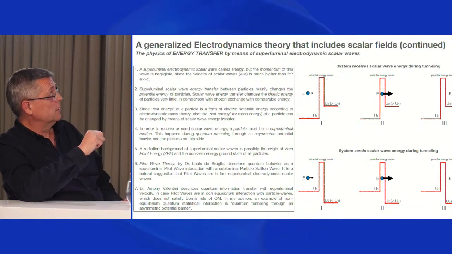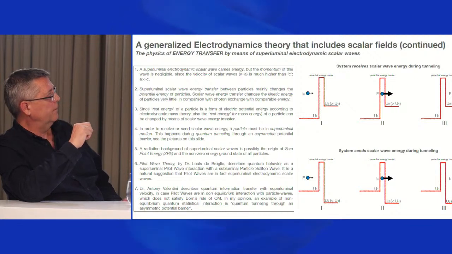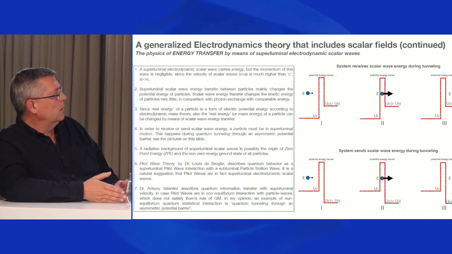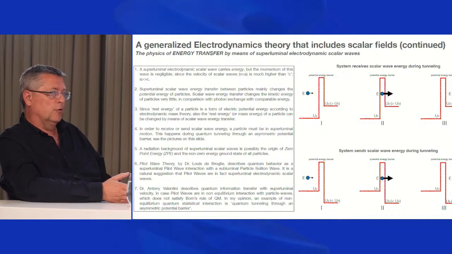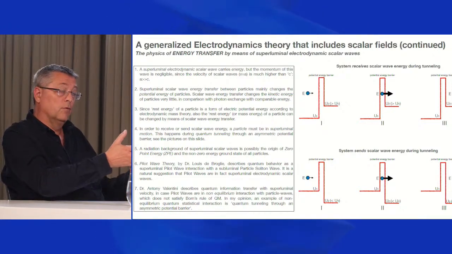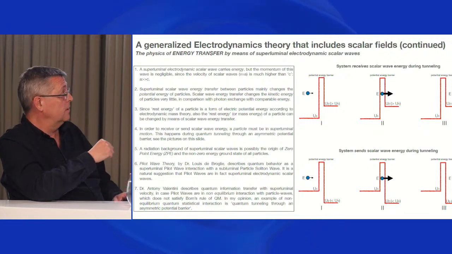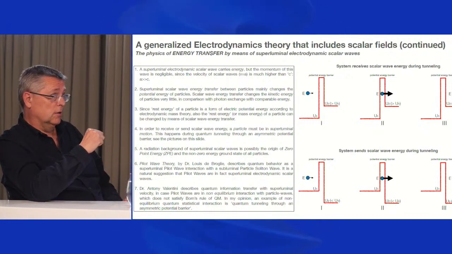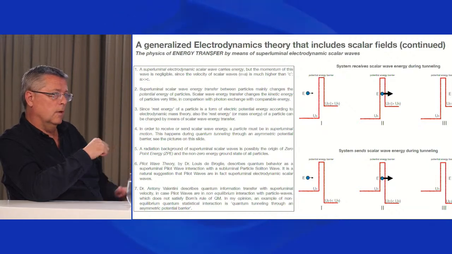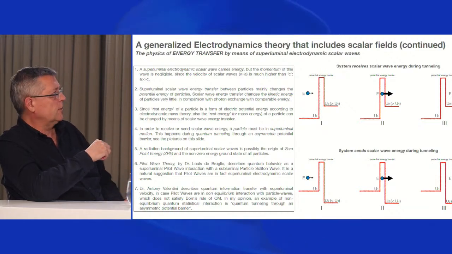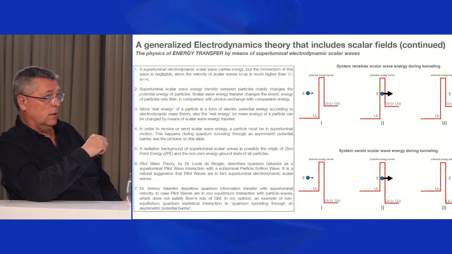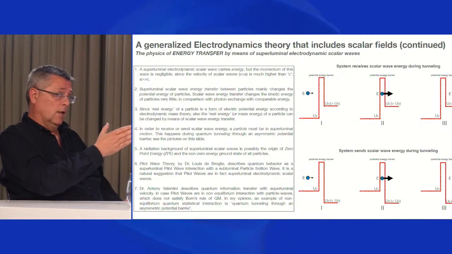So for that reason, the superluminal scalar wave will change only the potential energy of particles. If particles receive or send those waves, then only the potential energy is changed because there is no momentum involved in this kind of interaction. So that's a clear difference with a photonic interaction.